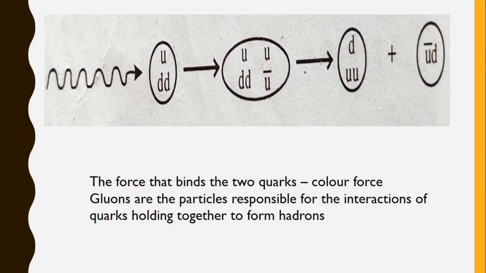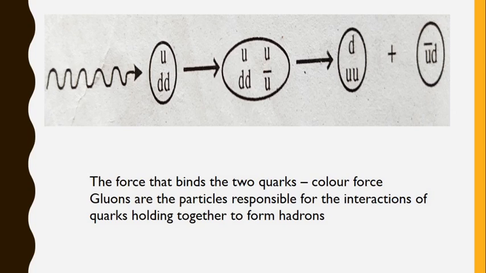UDD is a neutron, and I am giving it energy with the help of a photon. So what happens? Inside the neutron, a new quark-antiquark pair is formed. So along with UDD, a new quark and an antiquark are formed inside, that is U and U bar.